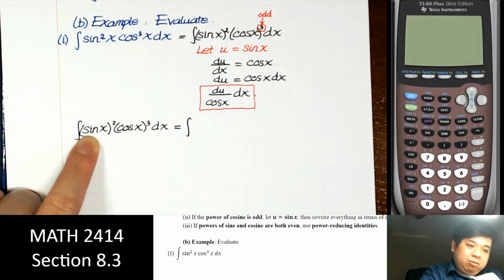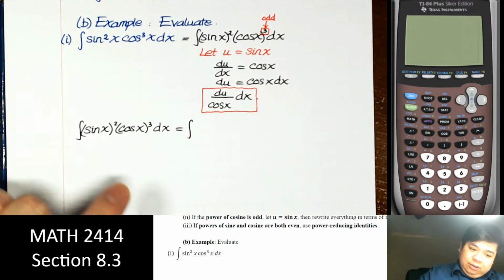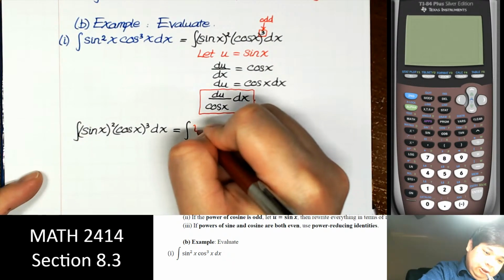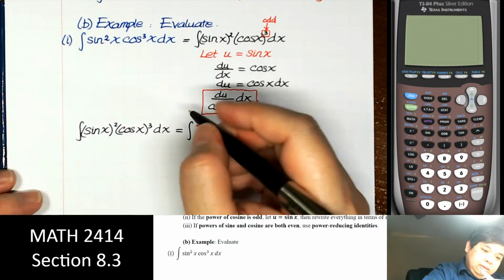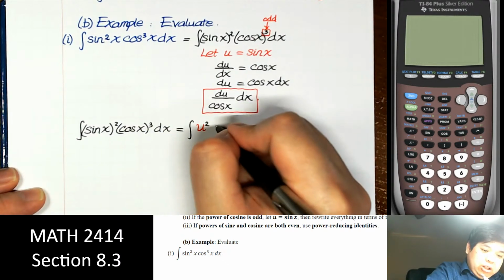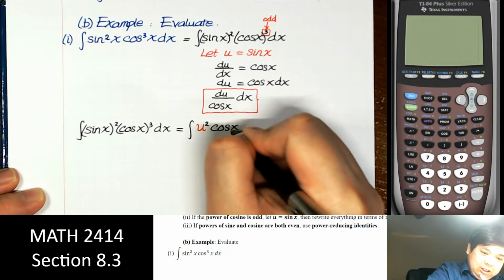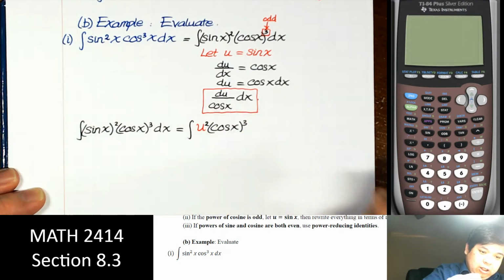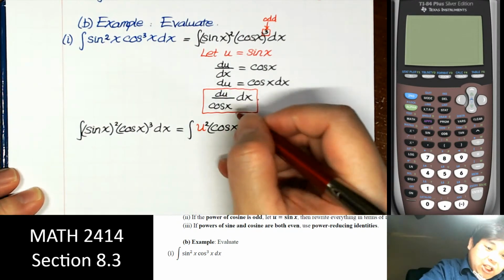Sine x is going to be u. And then we still have cosine of x cubed dx, du over cosine.